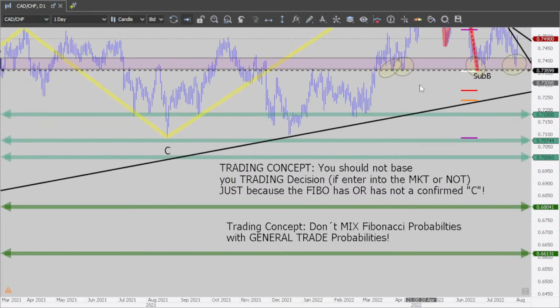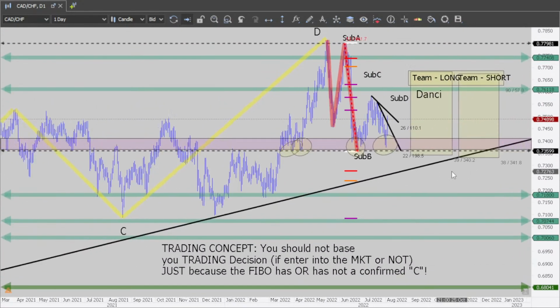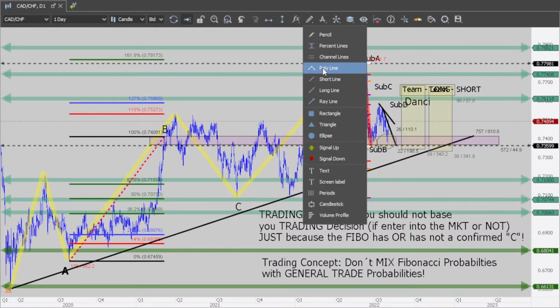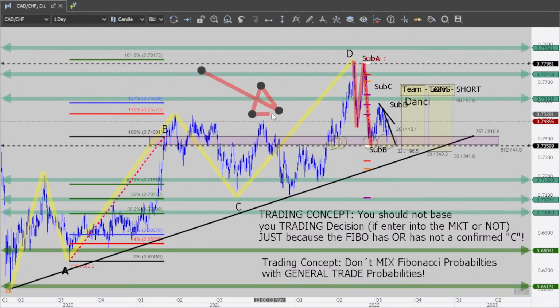Fibonacci is another tool, right? Everybody is getting this. Sure enough, if we would have a confirmed C somewhere down in here, this would increase our probabilities even more.